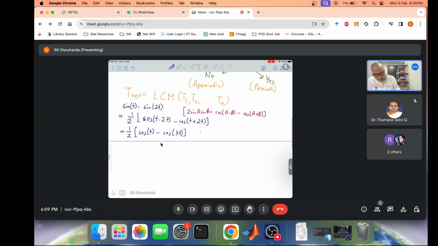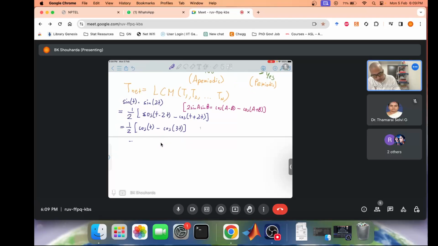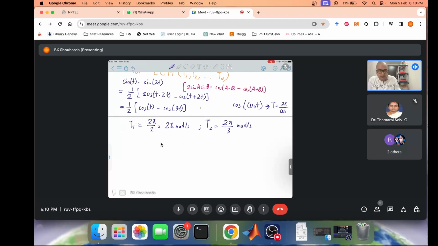Okay, so what are the individual time periods? Whenever we write cos or sine in the form cos omega naught t, its individual period is capital T equals 2 pi upon omega naught. So here T1 is 2 pi upon 2, and T2 is 2 pi upon 3. Now we have only two time periods to check.